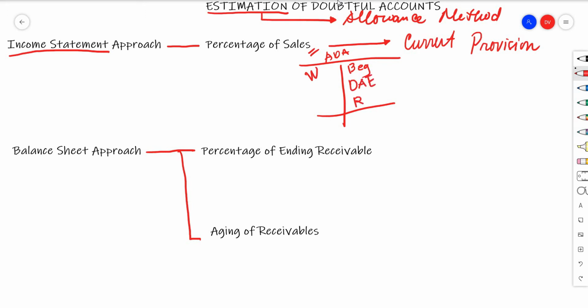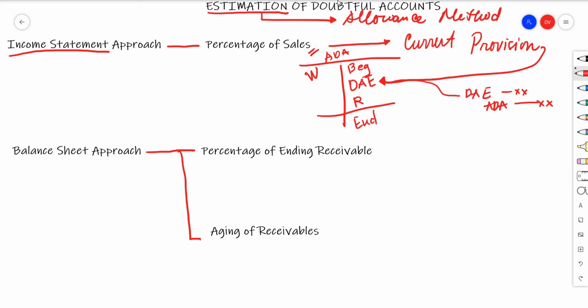When you say current provision, this is it, the doubtful accounts expense. Okay? So, if you are asked how much is the current provision, that is it. And by the way, this current provision is the amount we use in the entry of doubtful accounts expense, allowance for doubtful accounts. Okay? That amount.